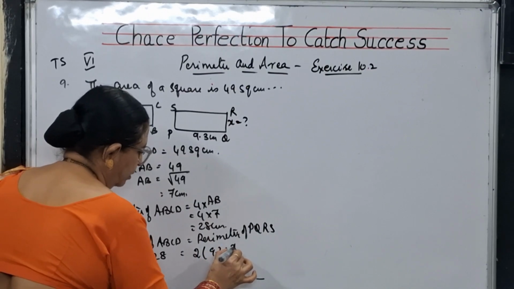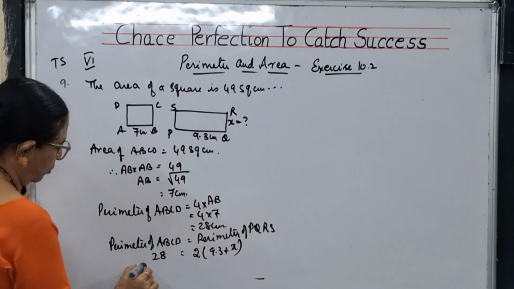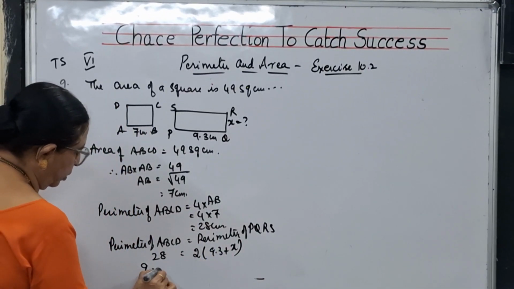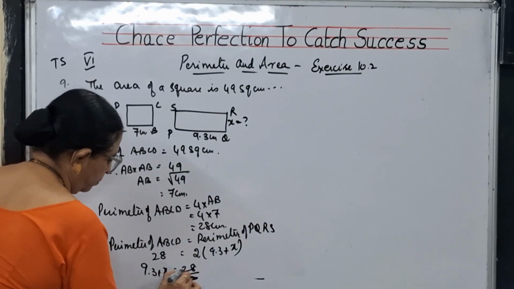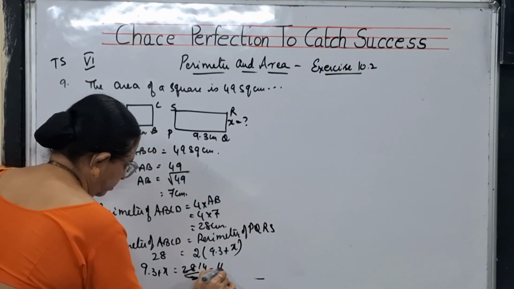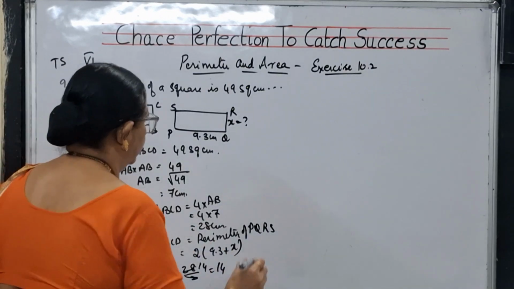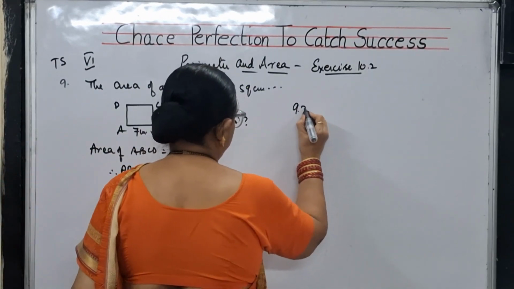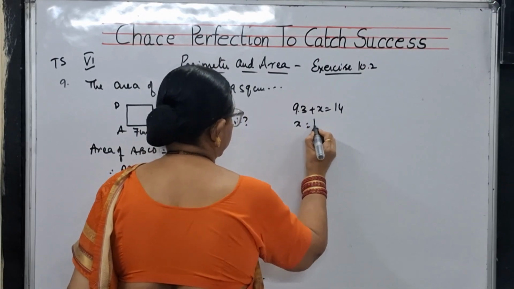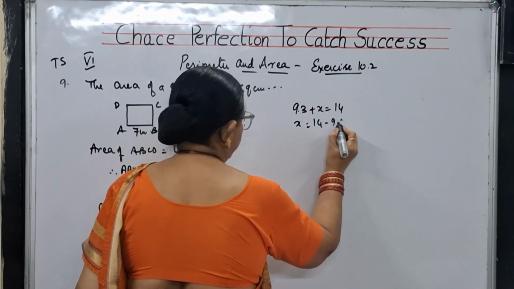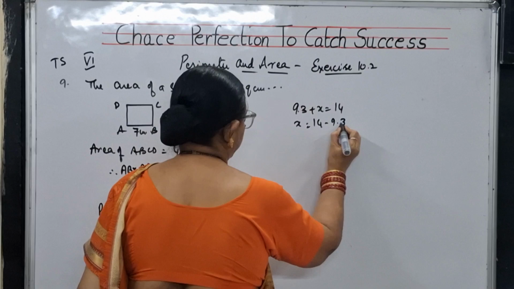length 9.3 plus breadth x. So 9.3 plus x is 28 by 2, that is 14. When 9.3 plus x is equal to 14, what is x? 14 minus 9.3.